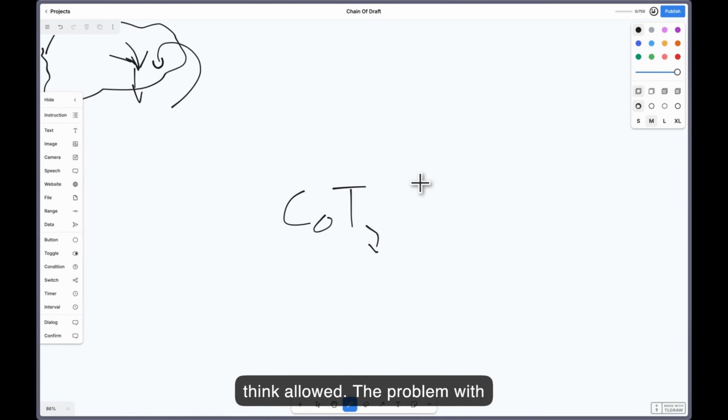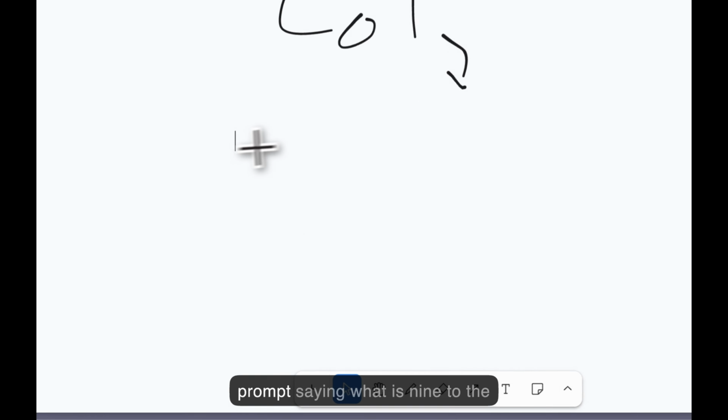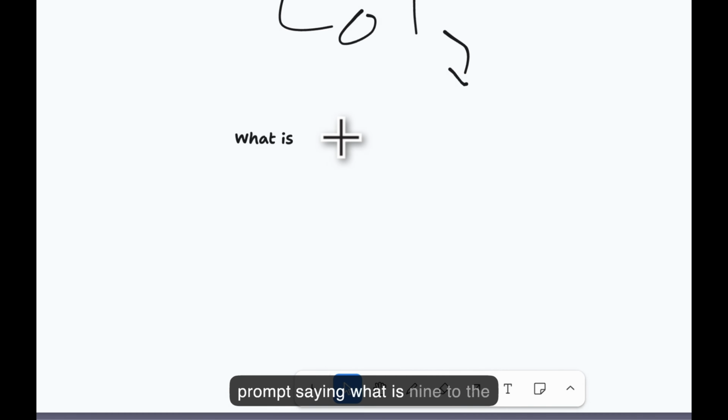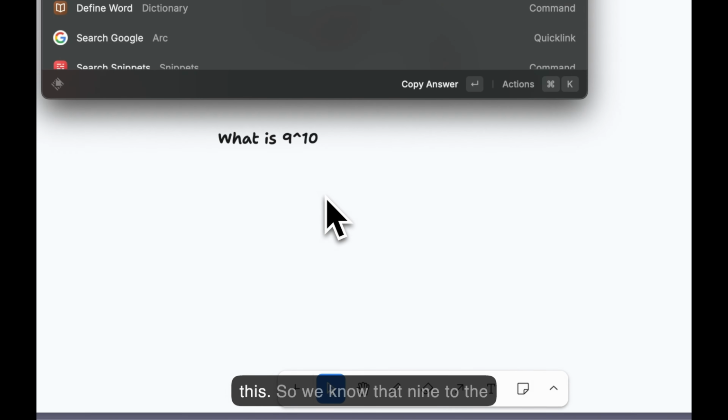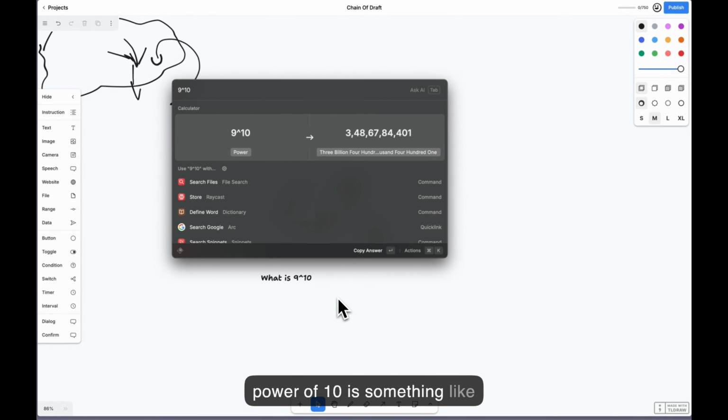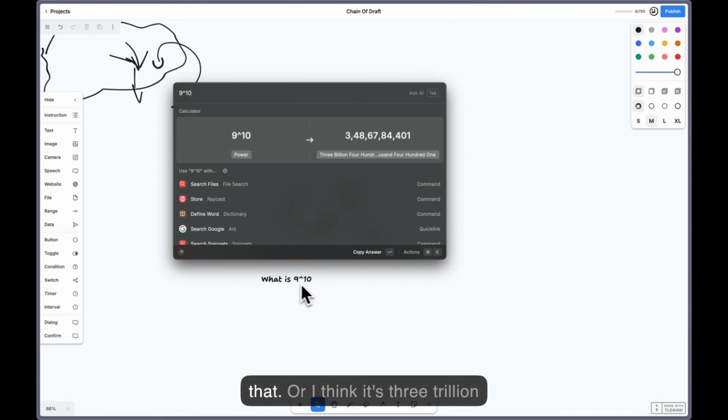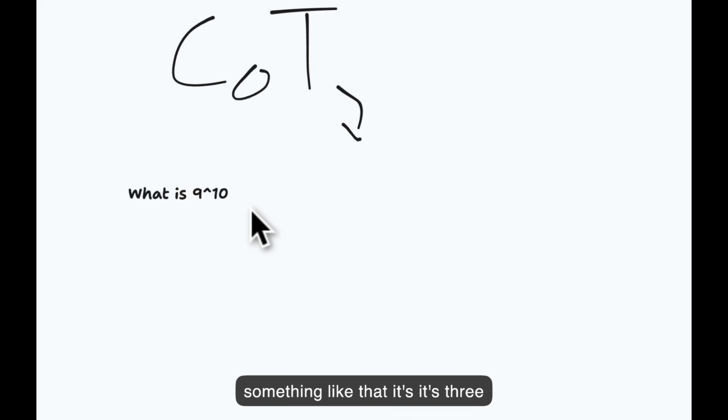The problem with this is, although it's effective, let's take an example. We have a prompt saying, what is 9 to the power of 10? We know that 9 to the power of 10 is something like 3 billion. I think it's 3 billion, yeah.